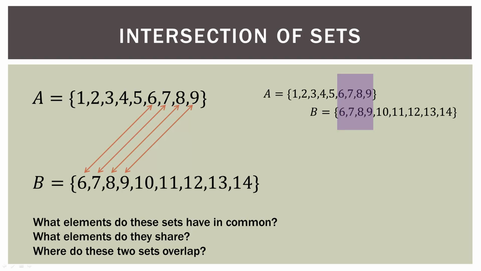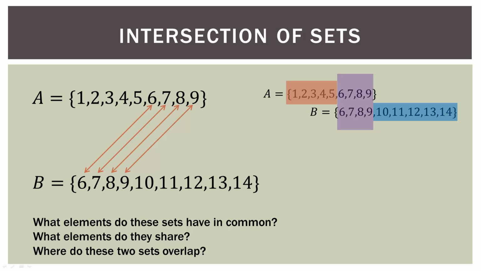So 6, 7, 8, and 9 belong to both sets. The numbers 1, 2, 3, 4, and 5 only belong to A. And the numbers 10, 11, 12, 13, 14 are only in B.